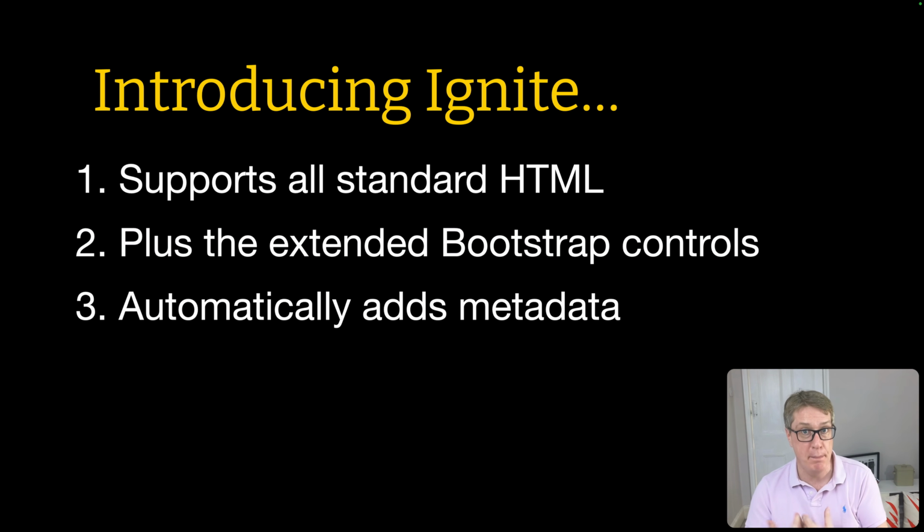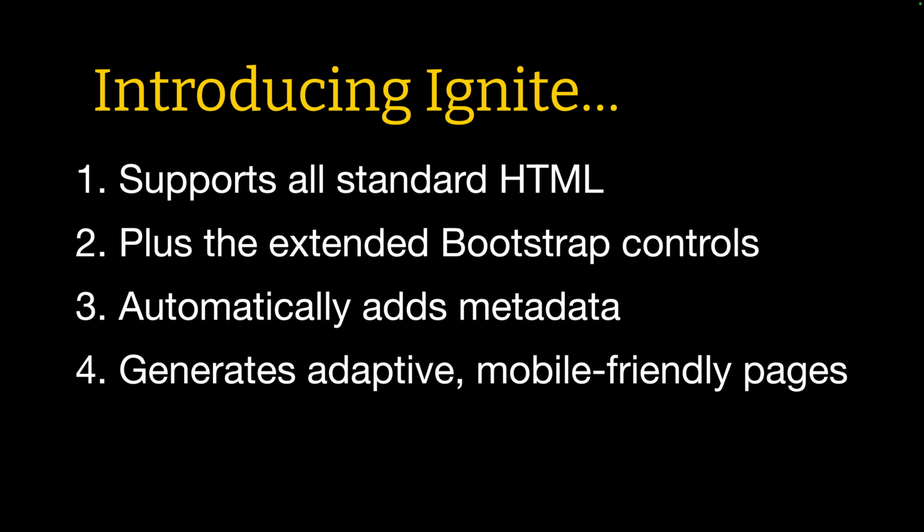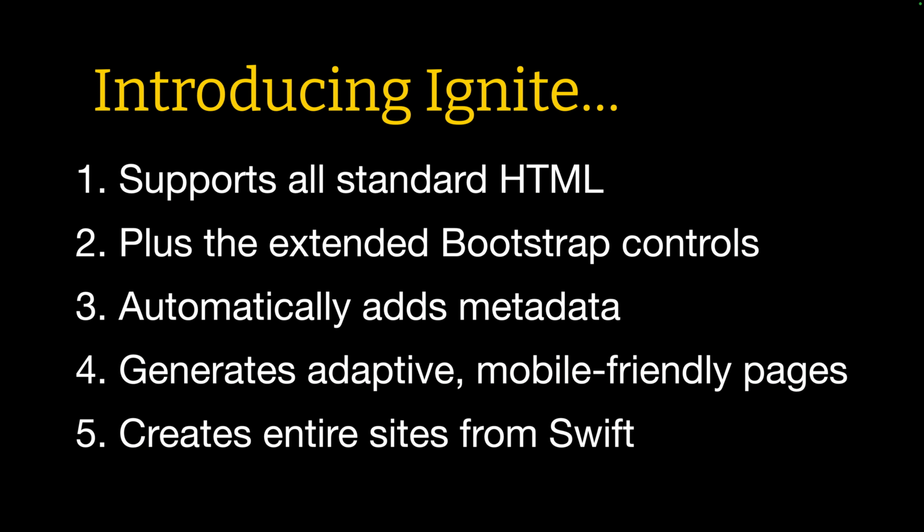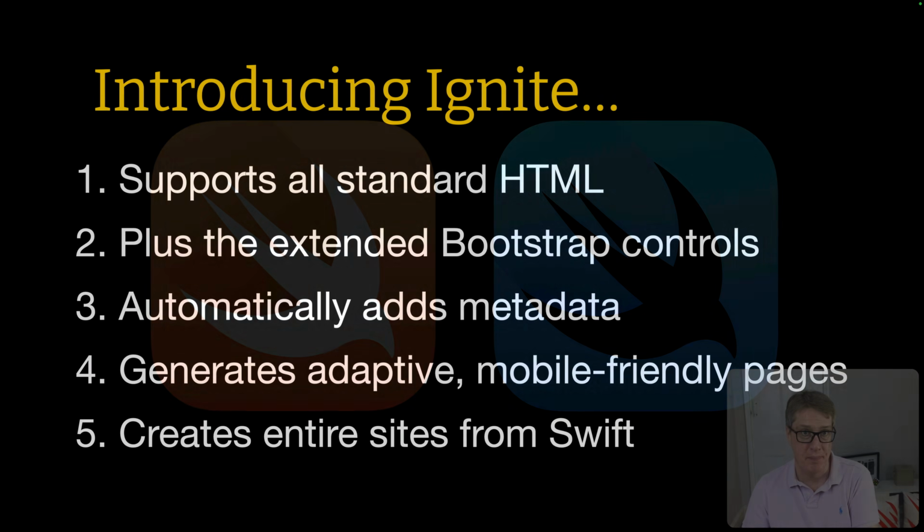It adds important metadata for search engines, social media, and accessibility. And it builds pages that work great on all device sizes. Most importantly, it lets you create entire static websites from Swift code, including using Markdown content for posts.